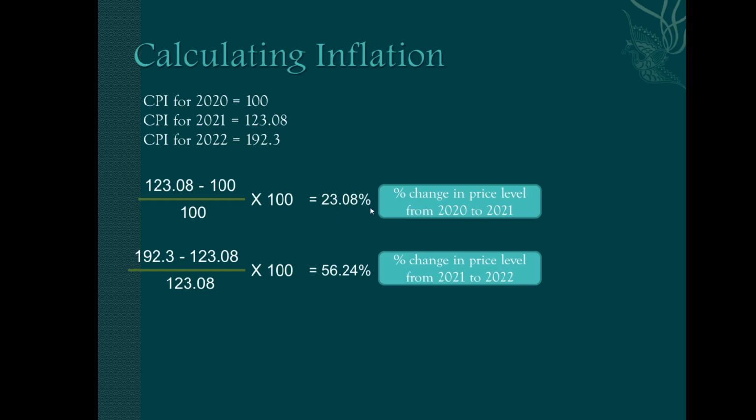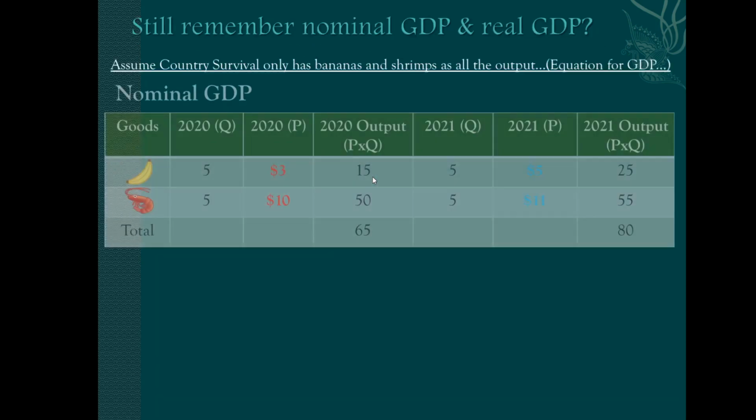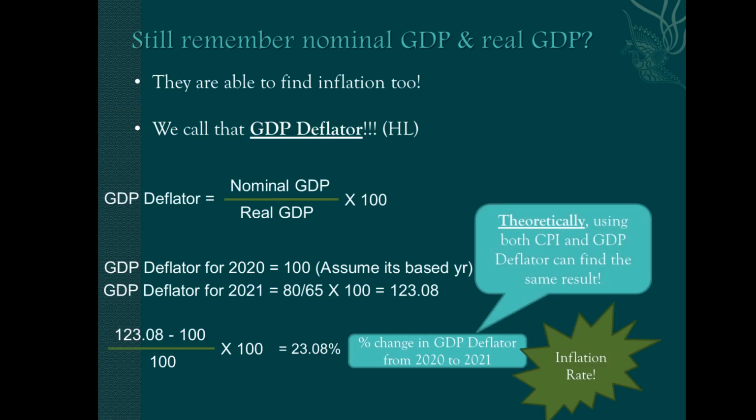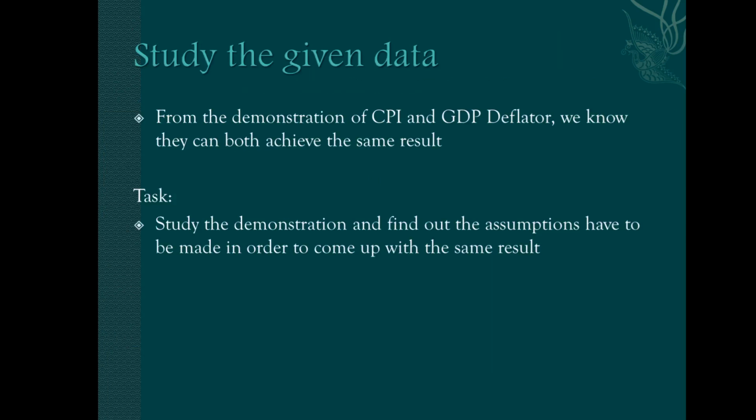But the reason why we can find the same inflation rate using both indicators is because we have made some assumptions. That's why we are able to find the same number using the two methods. So here is the task. I'm going to give you 3 to 5 minutes.